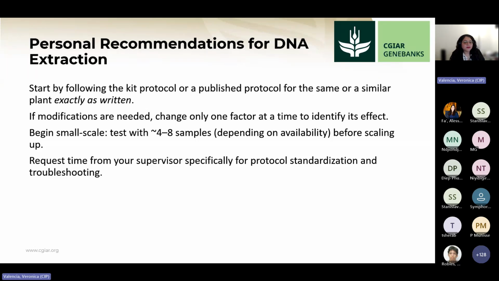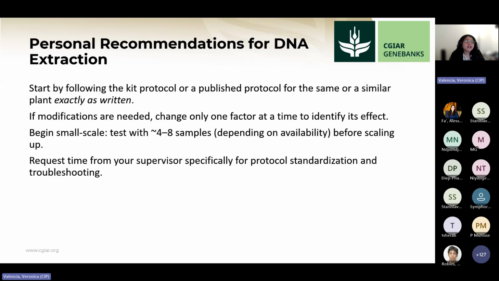Sometimes we jump to do the modification, but if it's not broken, don't fix it, right? So the first time, do it exactly as written.